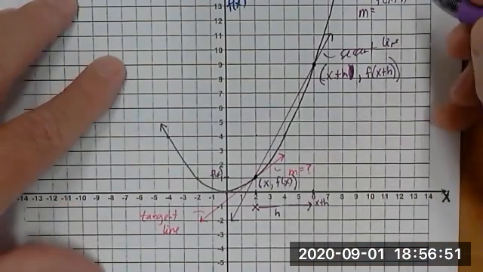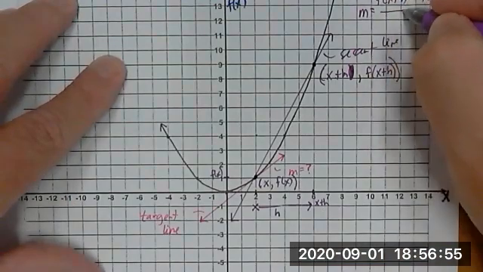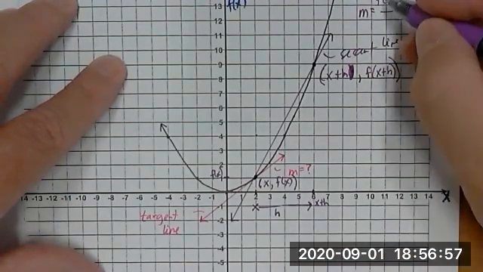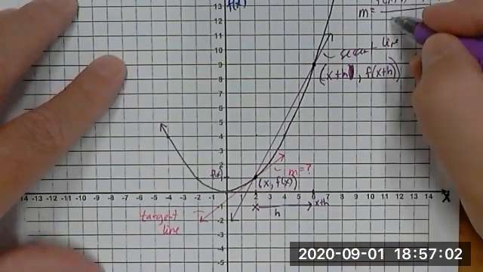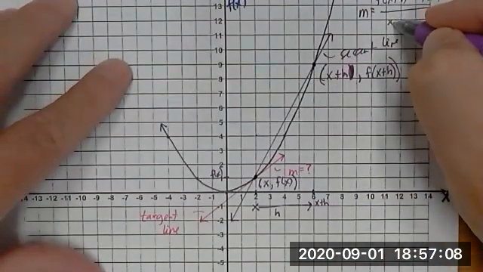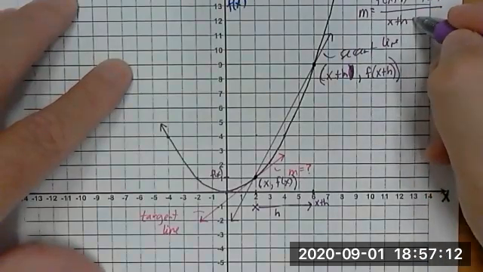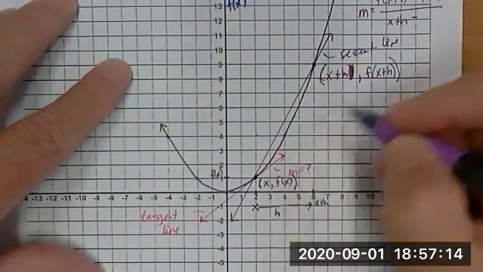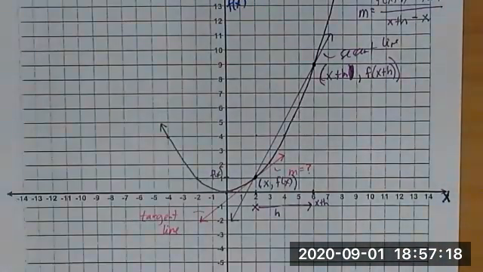In this case, the y is f of x. y2 minus y1, the change in the y's over the change in the x's. And if I think of x2, my x of my second point, it's x plus h, minus x of my first point, which is x.